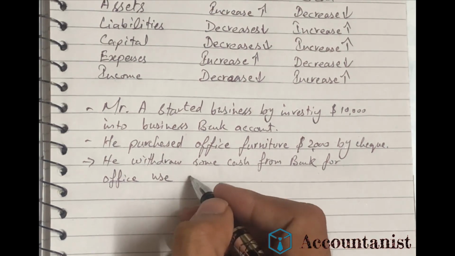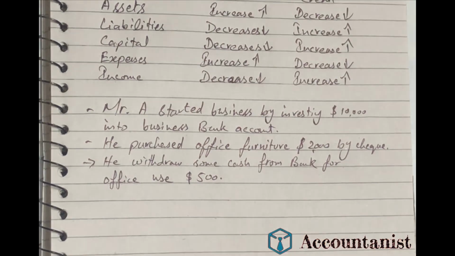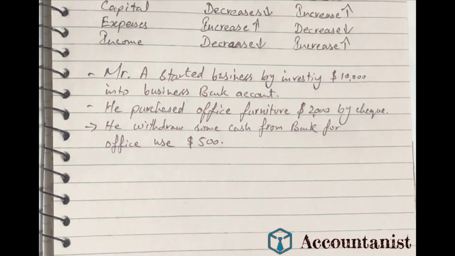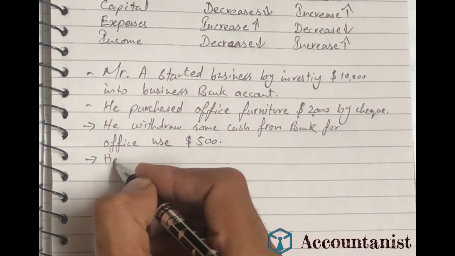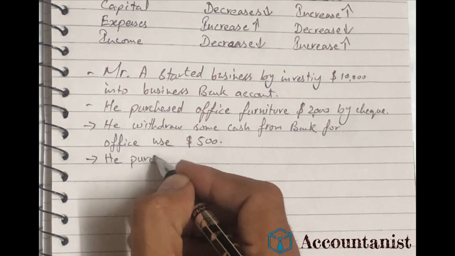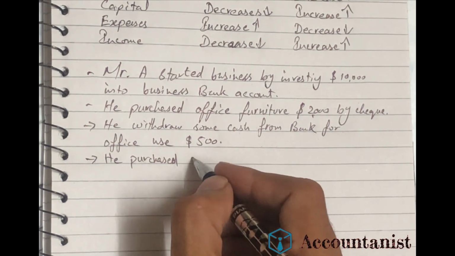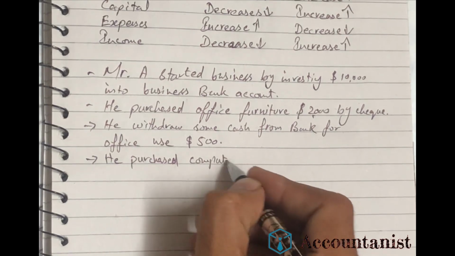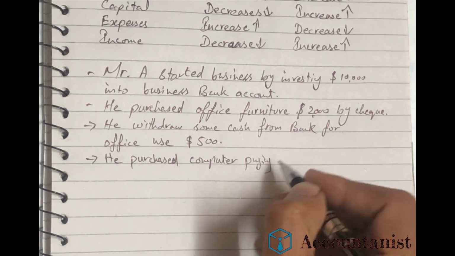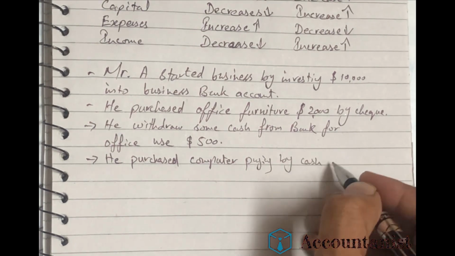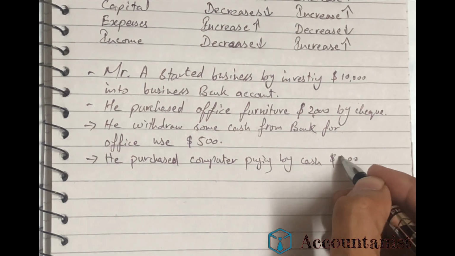The amount was $500. The next entry is he purchased a computer, paying by cash for $300.